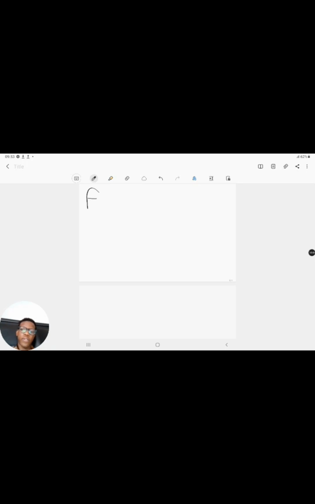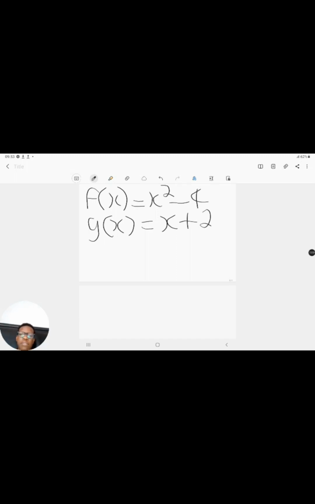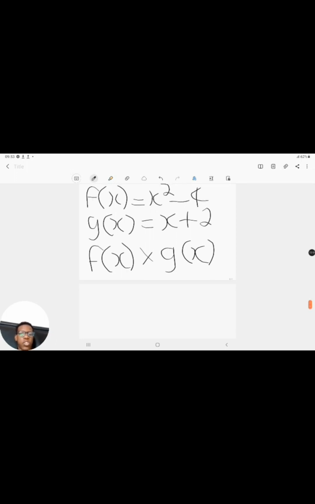What if I give you f of x is equal to x squared minus 4 and g of x is equal to x plus 2, and I say to you, find me f of x times g of x.